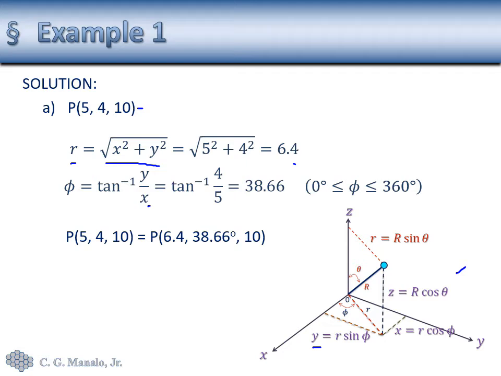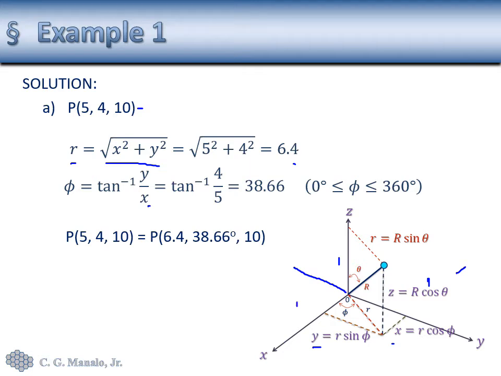Take note that phi here can be in four places: the first, second, third, or fourth quadrant, depending on the values of y and x. So if both are positive, that would be in the first quadrant. If x is negative and y is positive, that would be in the second quadrant here. And for x and y both negative, that would be in the third quadrant.